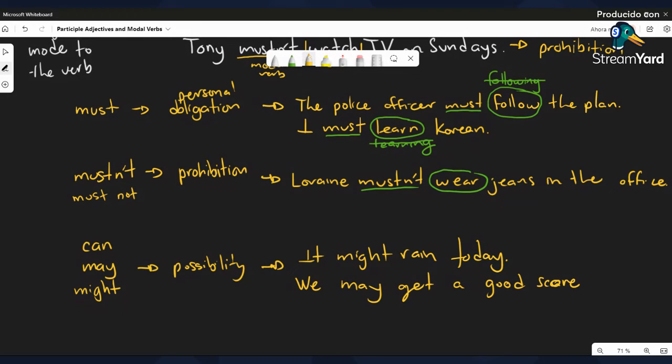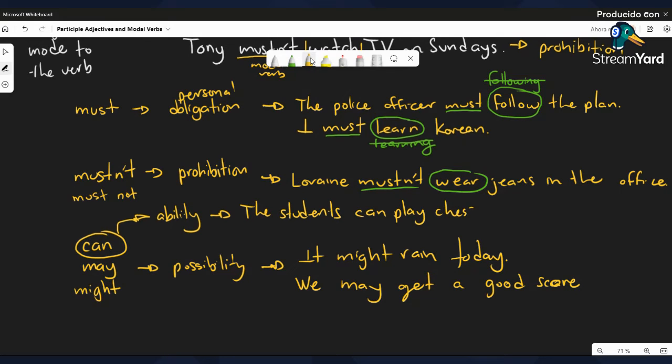Now talking about can here, particularly can, it has a different use. We can also use can for ability, when a person has an ability to do something. For example, we can say the students can play chess very well.